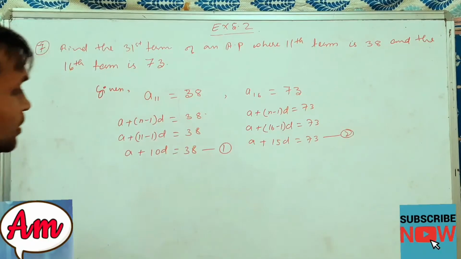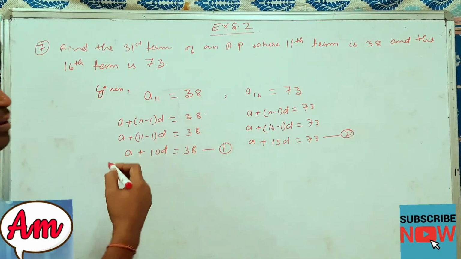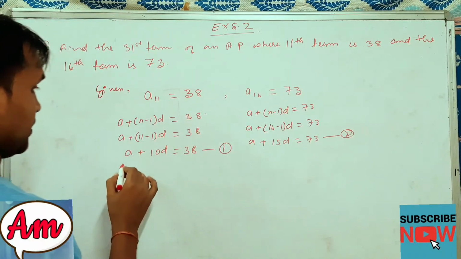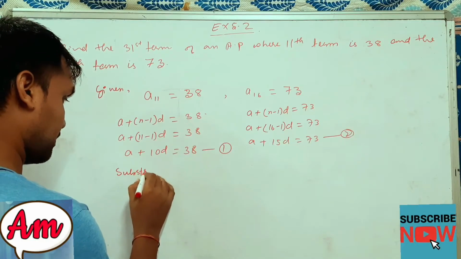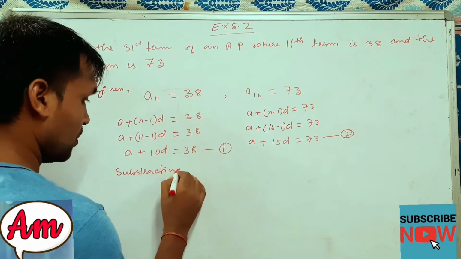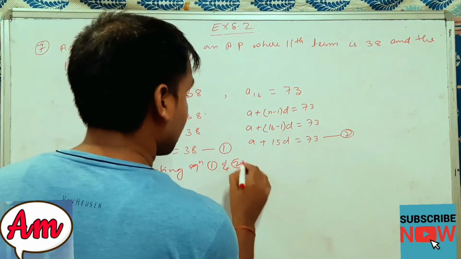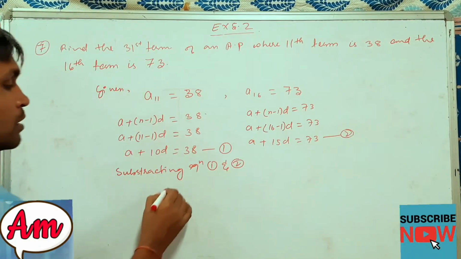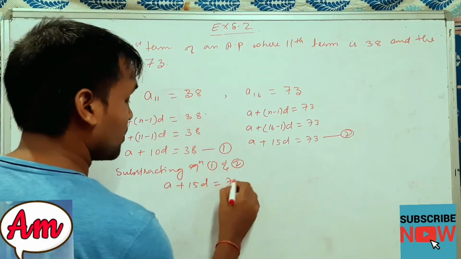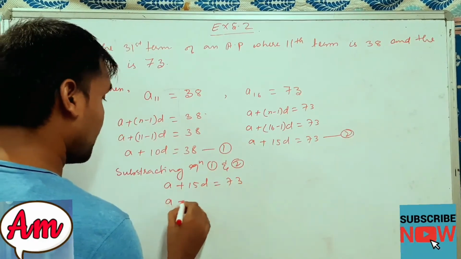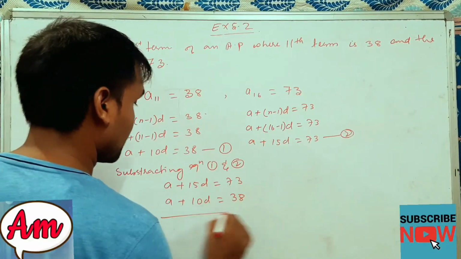Now what we will be doing, dear students, we will be subtracting. We are going to use the elimination method. So subtracting equations 1 and 2: a plus 15d equals 73, a plus 10d equals 38.